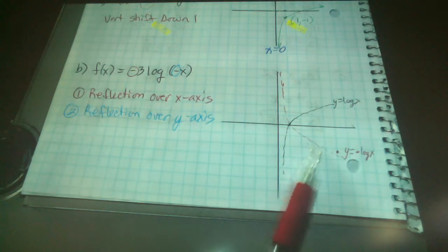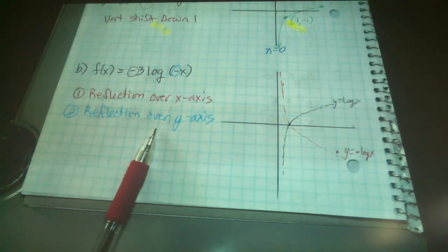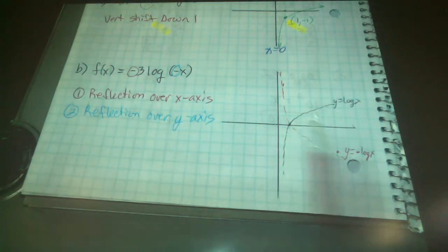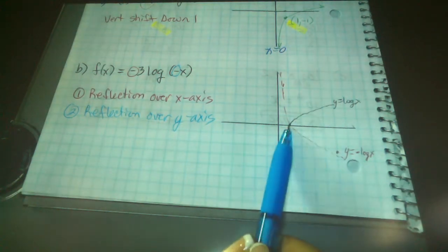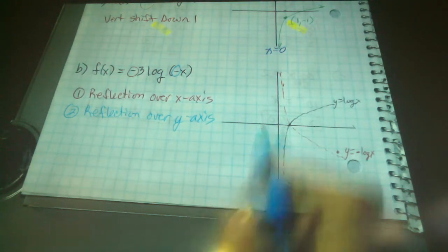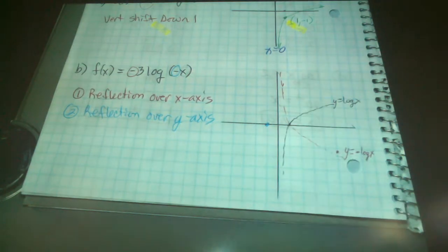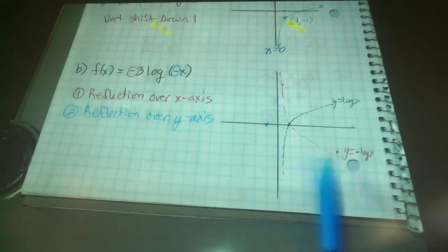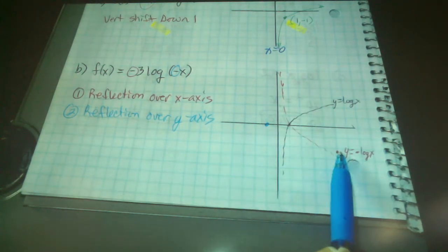Then from the red one, we're going to reflect it over the y-axis, so do the same thing. But what's nice is this point is not on the y-axis, so that point gets reflected the same distance away. So it's reflected 1 unit away, over here. And then reflect the tail. So the tail is over here. I'm going to reflect it the opposite direction over the y-axis, same distance.